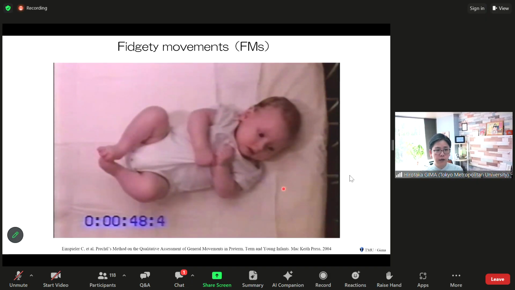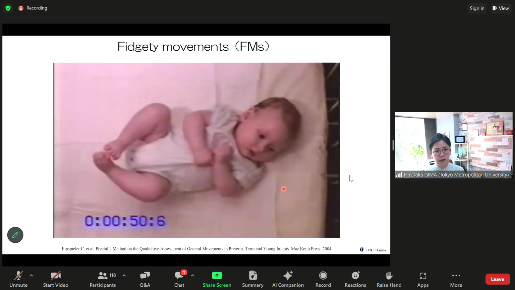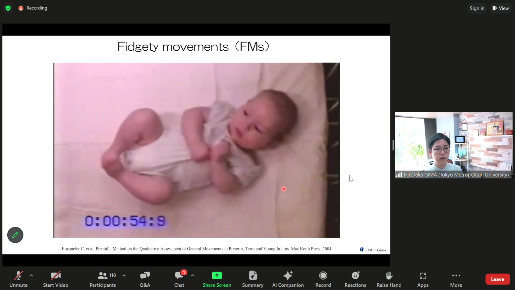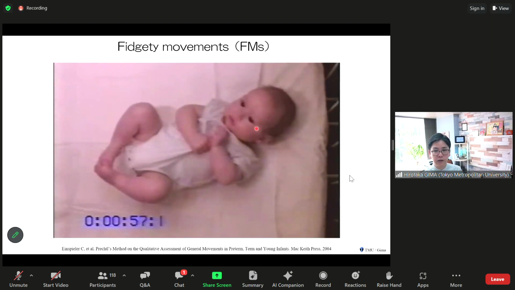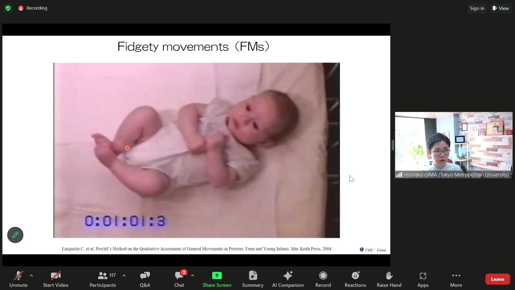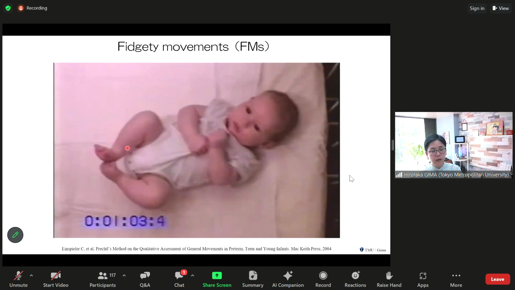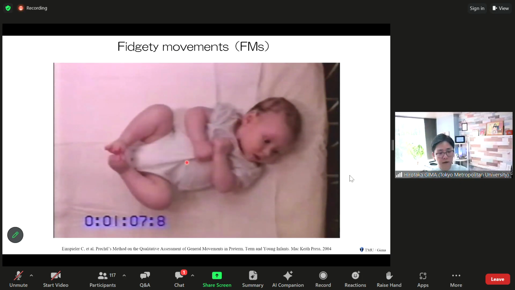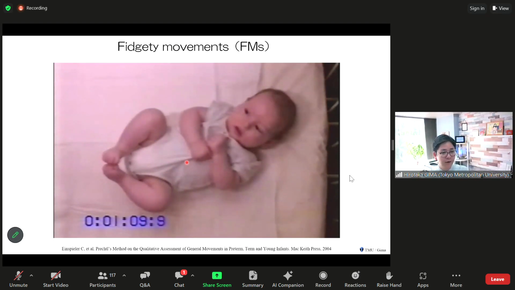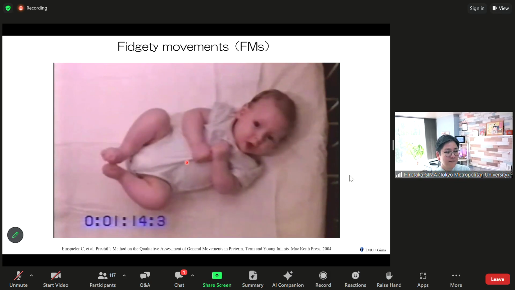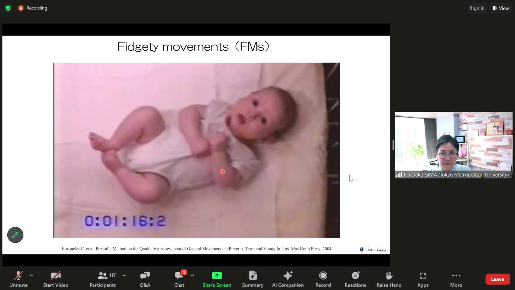As mentioned earlier, fidgety movements are characterized as small continual movements of moderate speed and variable acceleration of the neck, trunk, and limbs in all directions. These are all fidgety movements. Can you capture fidgety movements by visual observation? It is very hard.